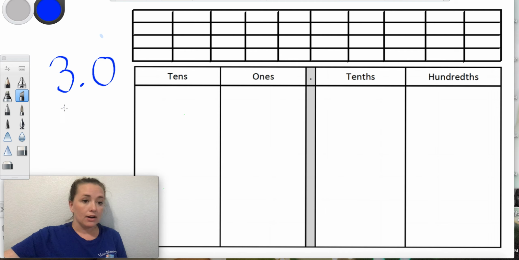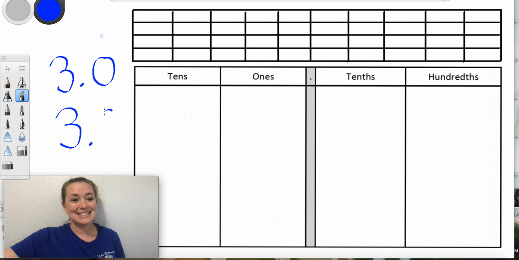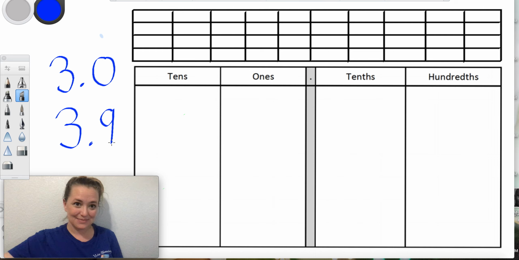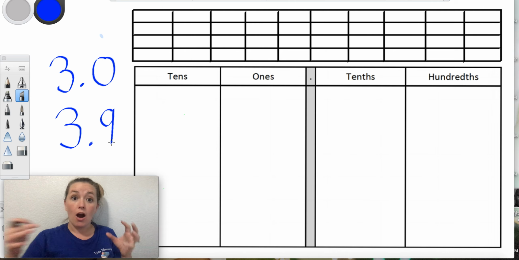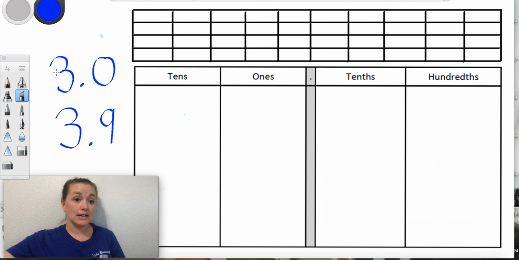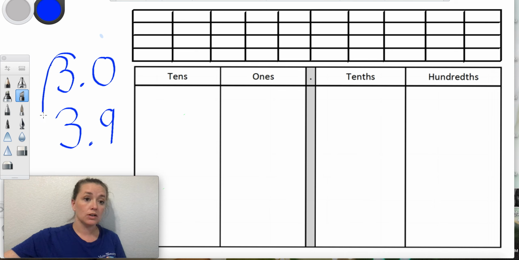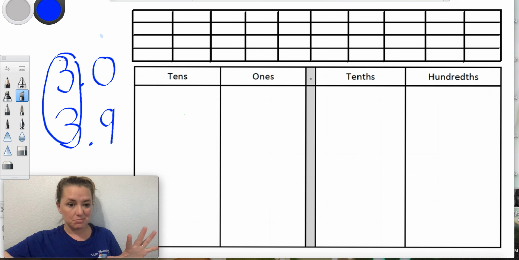And we're going to compare it to 3 and 9 tenths. Okay, so when I do that, I'm going to first think about what numbers I have here. Because these are a little bit different than our last example because these numbers are mixed. They have a whole. Now, lucky for us, these wholes are the same size, so it's almost like they don't really count.